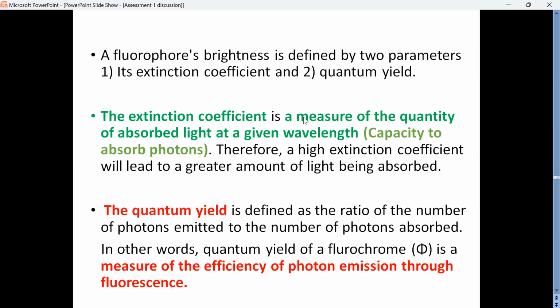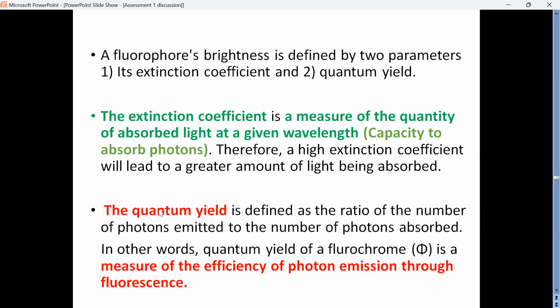That capacity is called extinction coefficient. When it absorbs maximum light, it will emit maximum light, so it will be brighter. So fluorochromes which have a high extinction coefficient will always be brighter.